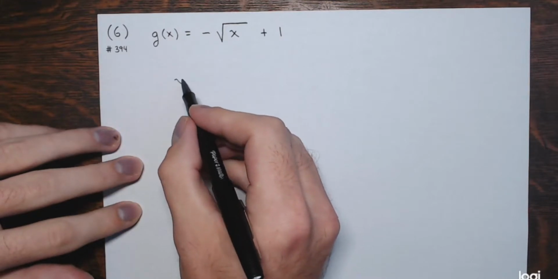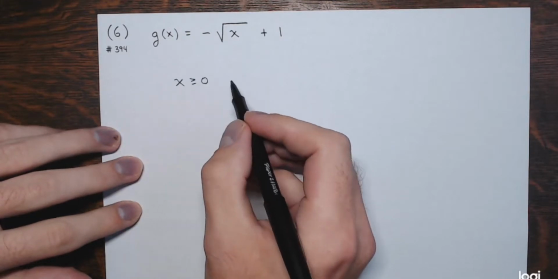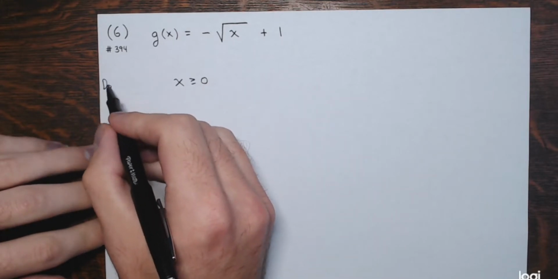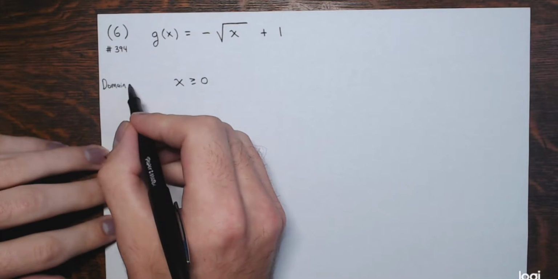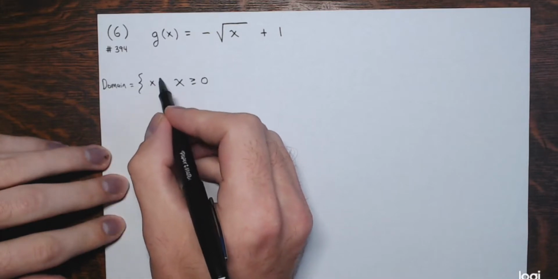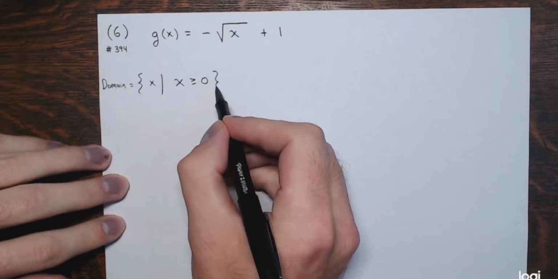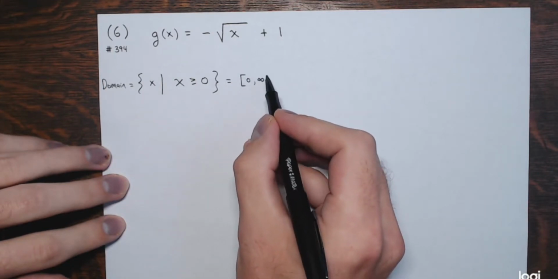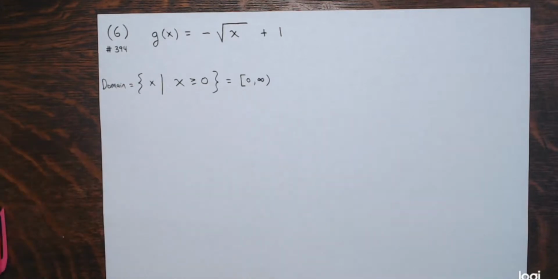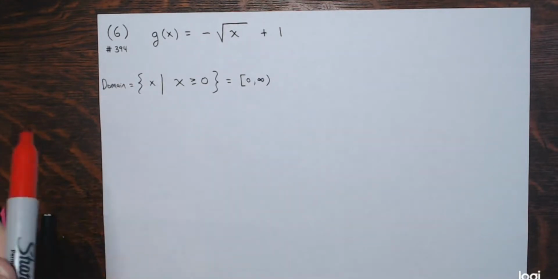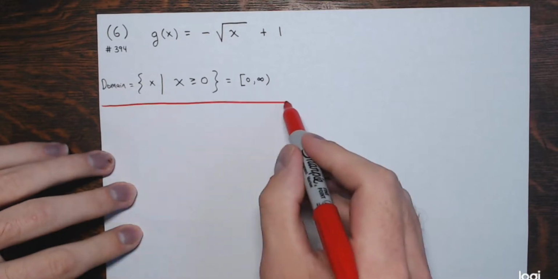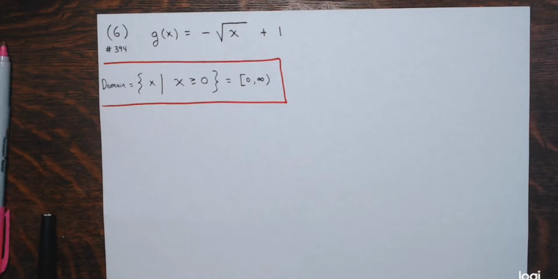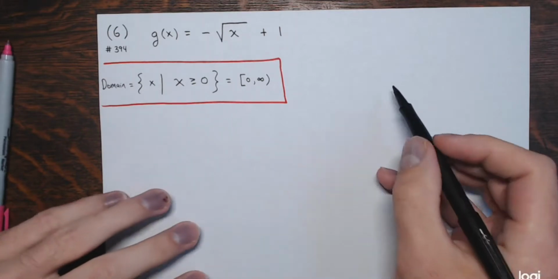So x has to be greater than or equal to 0. Right? Can't take even roots of negative numbers. So that's the domain. So the domain is all values of x that are greater than or equal to 0. In interval notation, you've seen this a bunch now, that's from 0 to infinity, but including 0. All right, so I got the domain. Can only plug in values 0 or greater. Now let's try graphing.